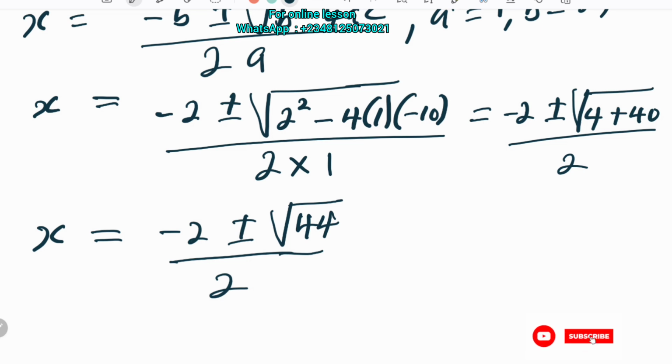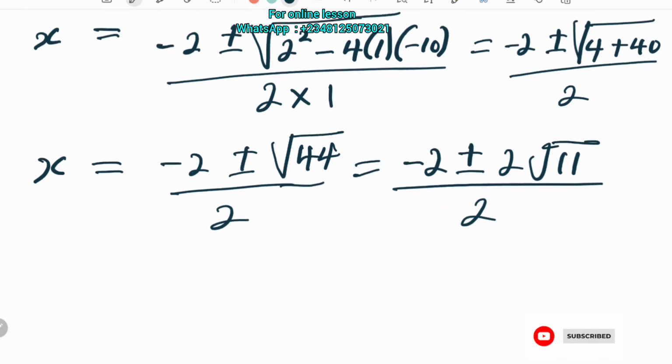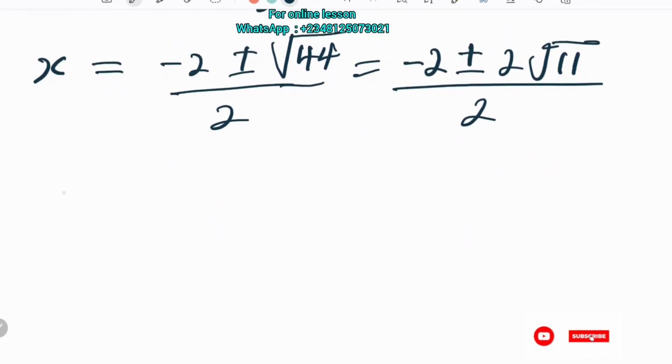Just simplify it the way we did in the first case. So we are going to have minus 2 plus or minus 2 root 11, then all over 2. Now, let us bring out the common factor there. So we can have x equal to, 2 will be outside. We have 2 here.